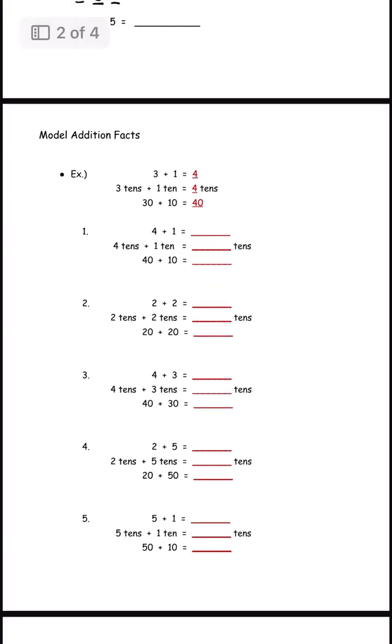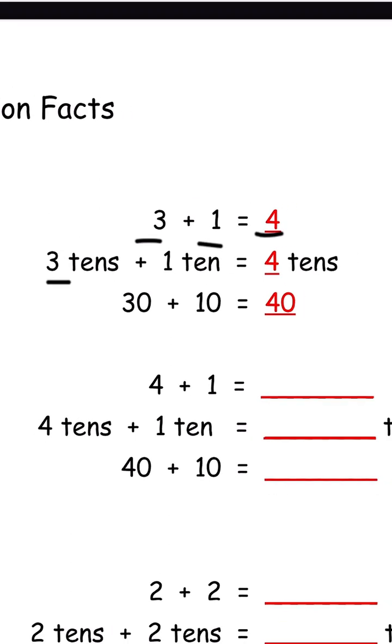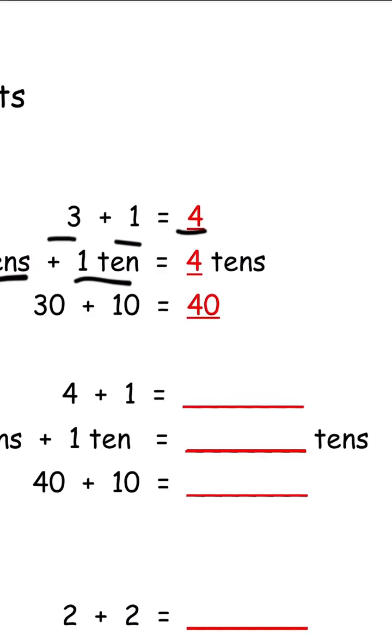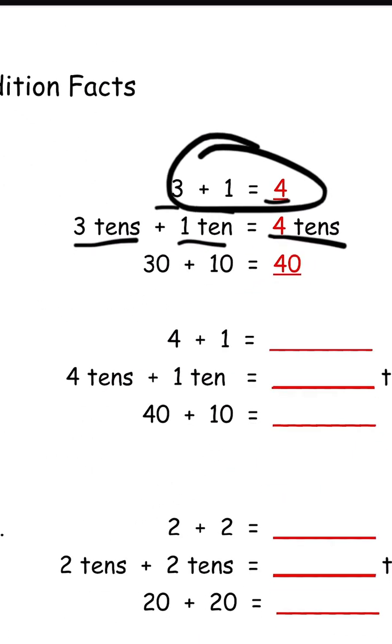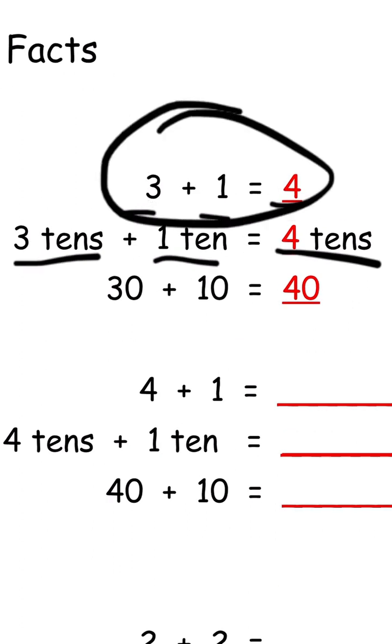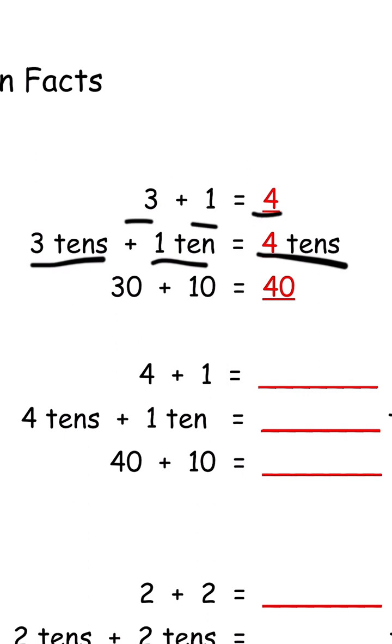For this page, we have model addition facts. Here is an example. 3 plus 1 is 4, which means 3 tens plus 1 ten is going to be 4 tens. It's the same as this. This shows that 3 tens plus 1 ten is going to be 4 tens.